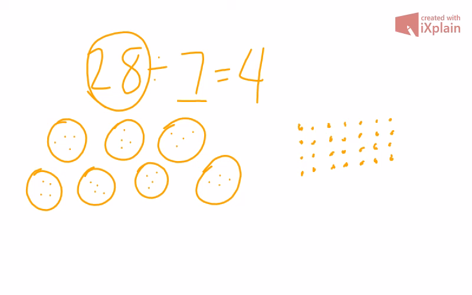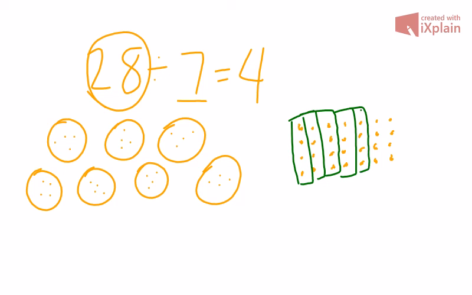If you look, each one of these rows, or columns I should say, now has 4 in them. So there's one with 4. And so my quotient is still 4.